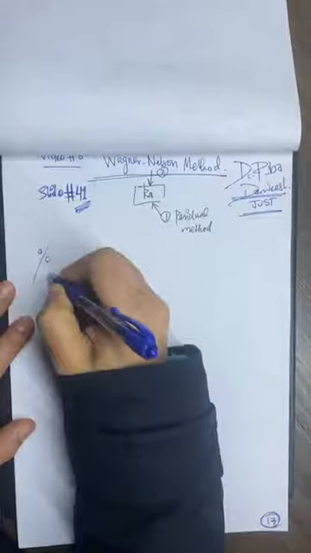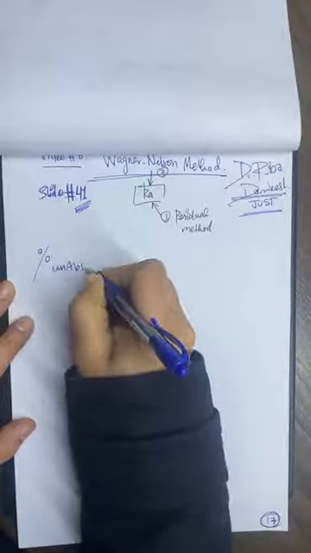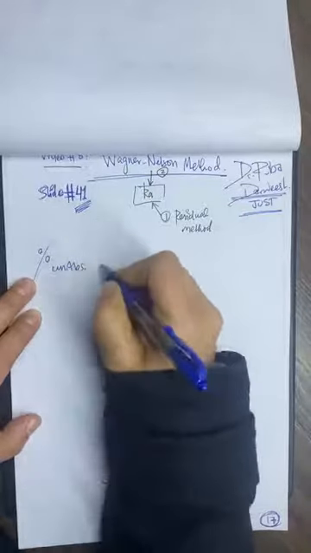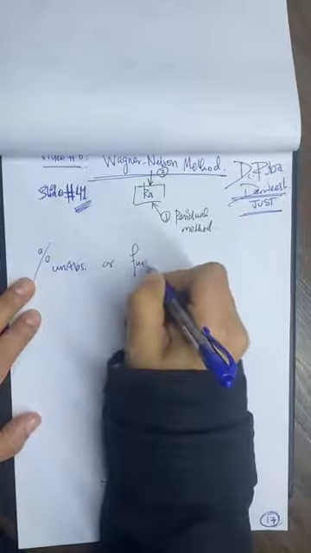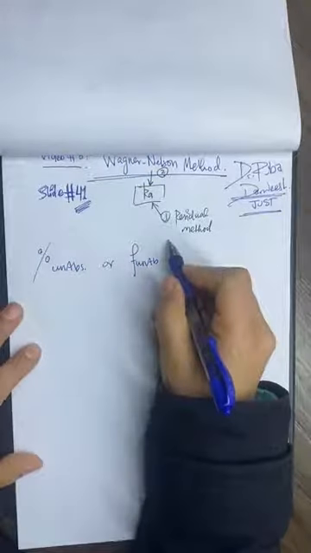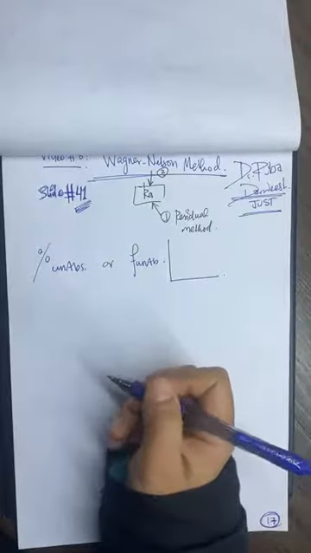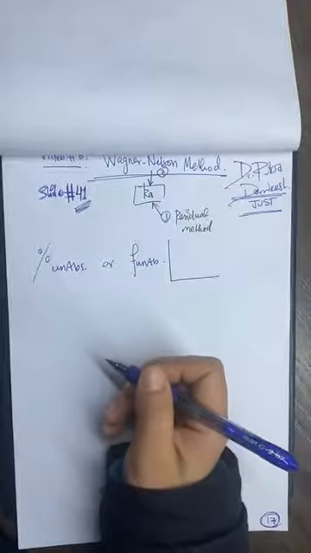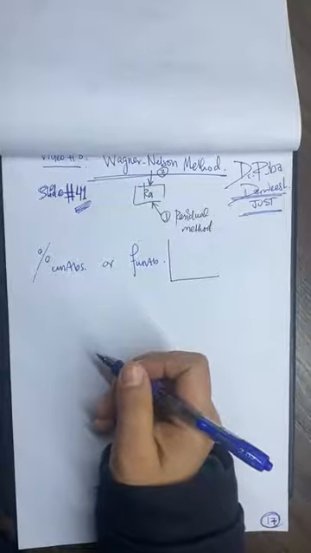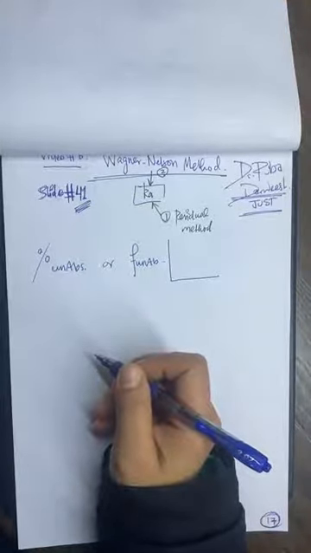Okay, so the idea or the concept of the Wagner Nelson method is that I need to determine the percentage of unabsorbed drug, or the fraction of unabsorbed drug, either this or this, it doesn't matter. I need to determine it to be able to draw it in a profile as a fraction or as a percentage per time.